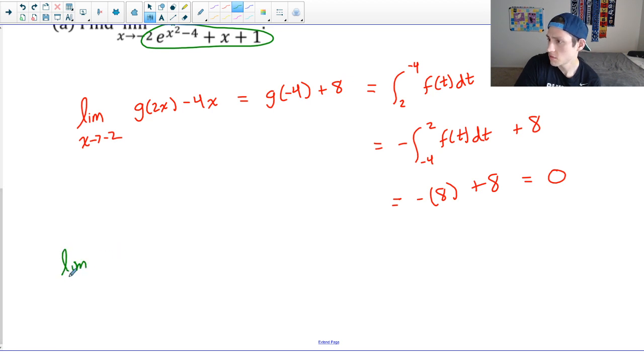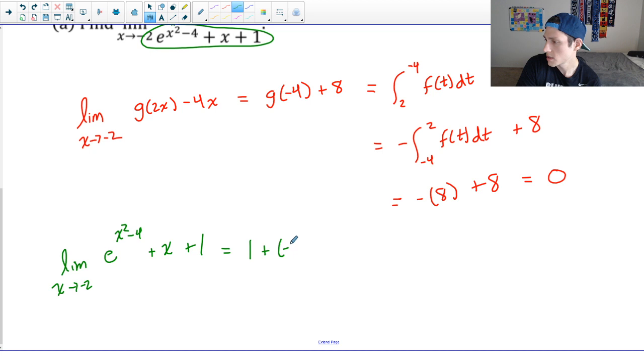The limit as x approaches -2 of e to the x squared minus 4, plus x plus 1. So again, first thing we try to do is just plug in -2. So -2 squared is 4, so 4 minus 4 is 0. e to the power of 0 is 1.